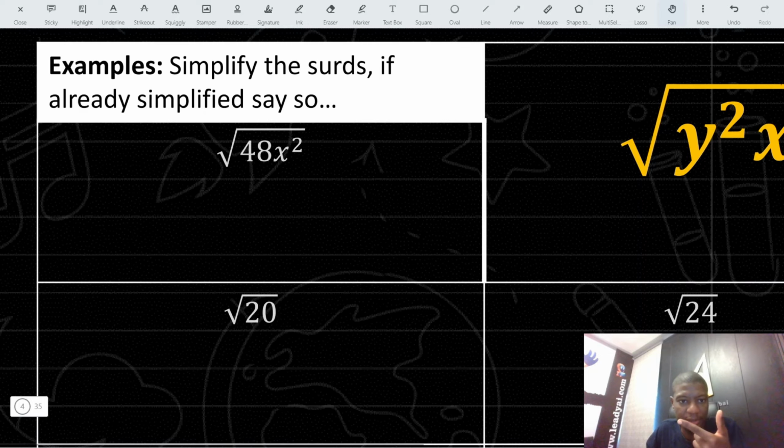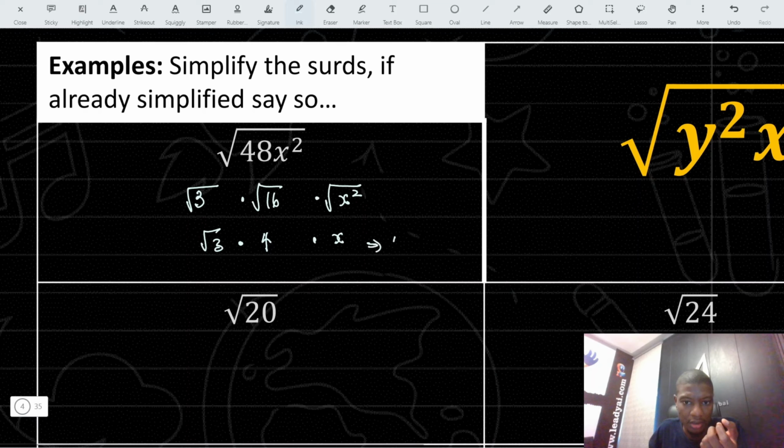I can think of all the factors of 48. What are the powers I can get in 48? I can get 3, then 16, then x squared. Because 16 has a square root, I would have 4 here, and x here, and root 3. So you can just write this as 4x root 3. That's a simplified form of that.